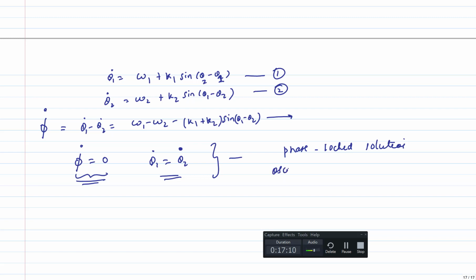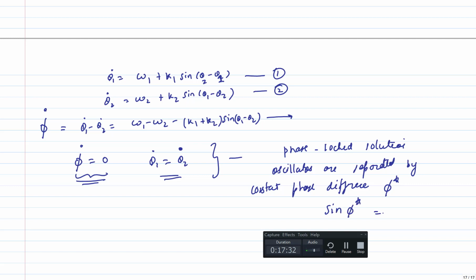and the oscillators are separated by a constant phase difference given by phi star, which was given by sine phi star equals omega 1 minus omega 2 by K1 plus K2.